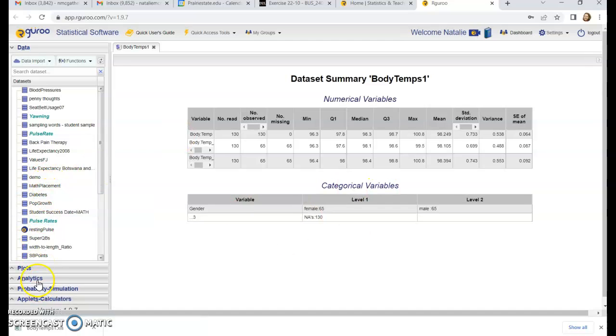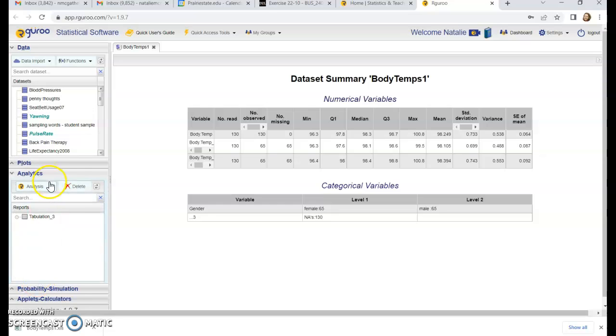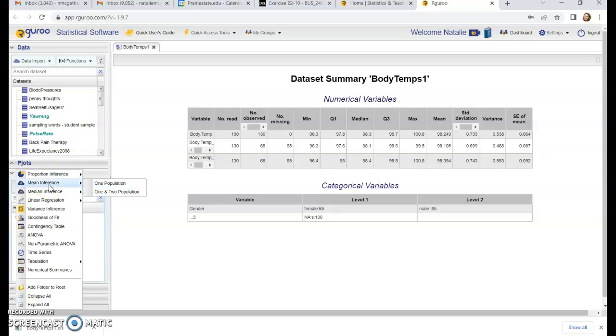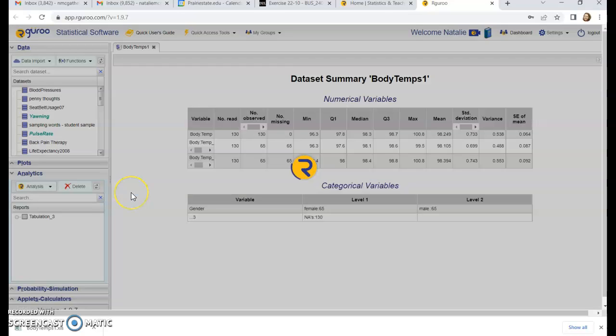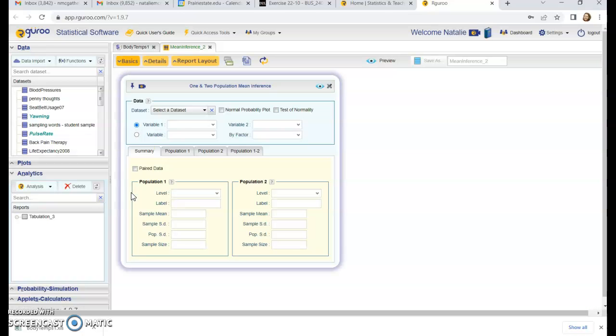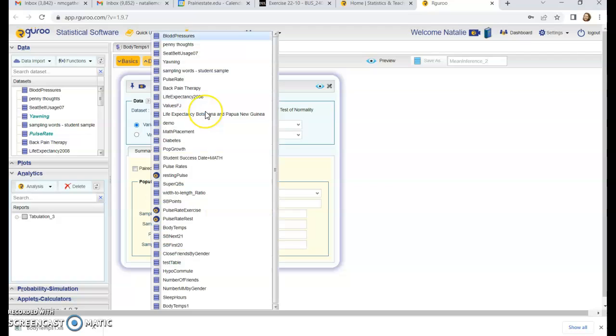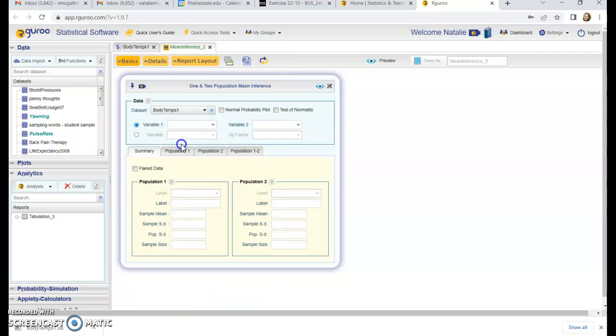I'm going to go down to analytics, analysis, and mean inference 1 and 2 population. Now from here, I'll select my data set, which was body temps. And I'm going to choose, no, I'm not going to choose that. It doesn't have 2 variables. I have to click on the second option that says variable and by factor.